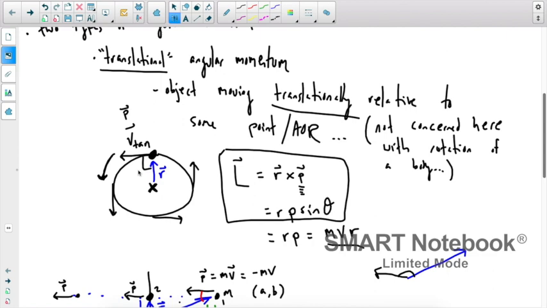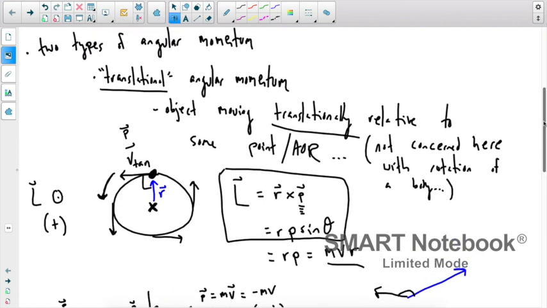And that makes my thumb point toward me, out of the screen. So we would say that the L vector here is facing out of the screen. In other words, we say out of the screen is positive, right? And that makes sense because this thing is moving counterclockwise, and we always consider counterclockwise to be positive for angular quantities. So don't forget about your right-hand rule for the directionality there.